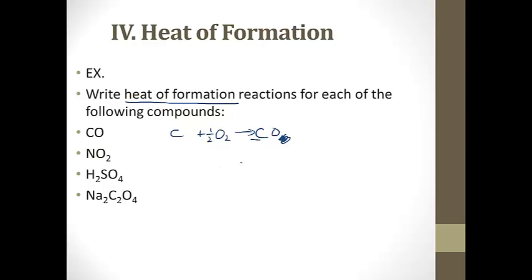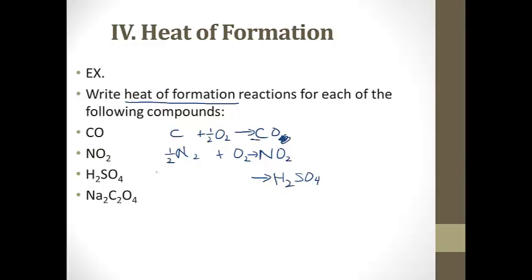So over here you're going to make NO2 from its elements. Be careful. Nitrogen is N2. Oxygen is O2. And make NO2. To balance it, you can only balance the left side. So this needs a 1/2 there. Now you're going to make H2SO4, not from ions. You have to make it from elements.